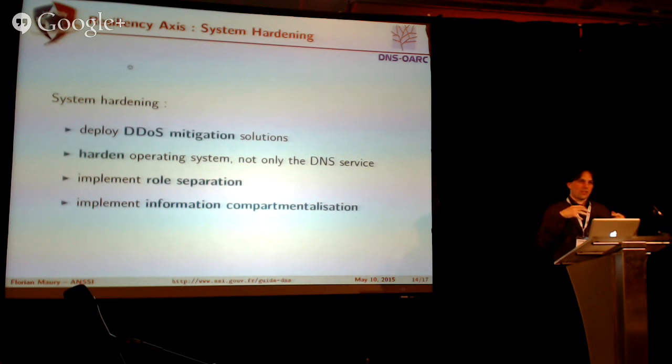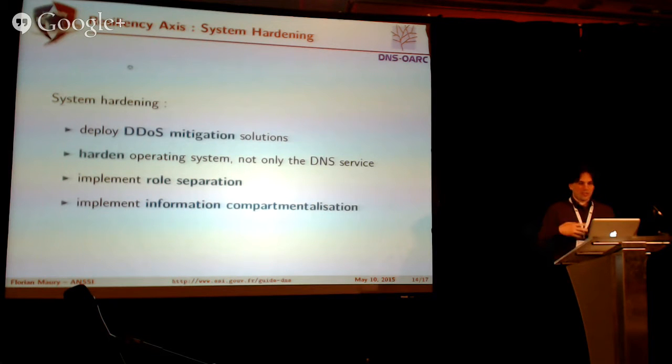That allows you to protect yourself from attacks that affect only one part of the daemon. We also recommend to implement information compartmentalization, that is to have your private data, if privacy is a concern in your DNS zone, in a separate daemon, in order to have protection in case of memory corruption, where you can leak your data through the interface that is listening on a public network.